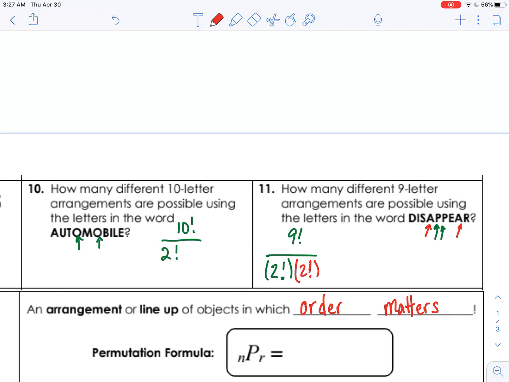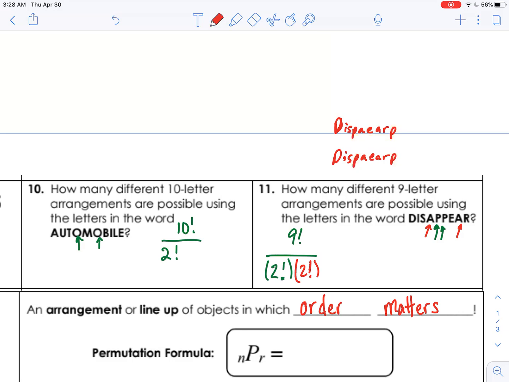And the reason why we have to divide this is because I've got this arrangement, and I've got this arrangement. And the only thing I did here is I switched, this P went over here, this P went over here. But you'd never notice because they're the same letter.